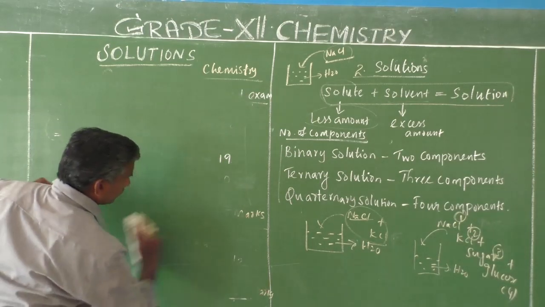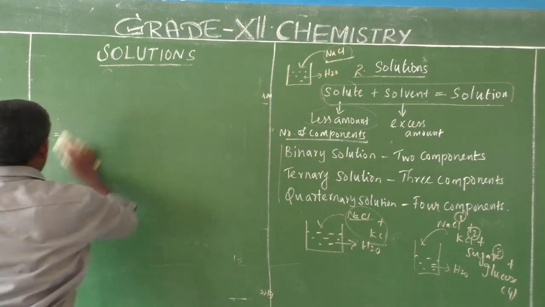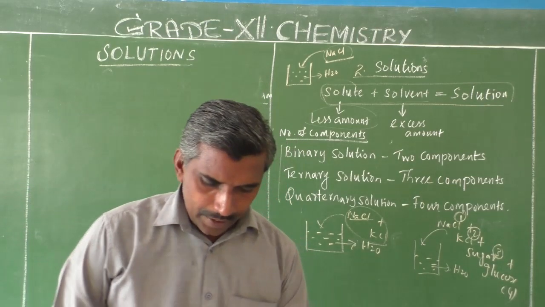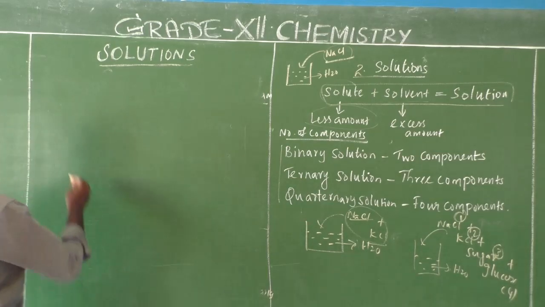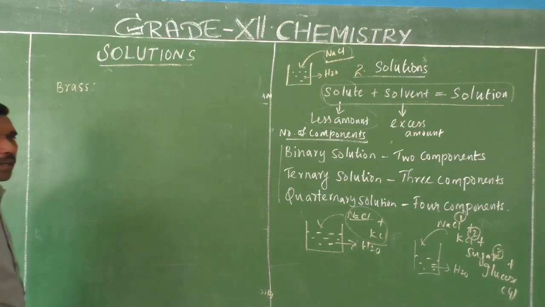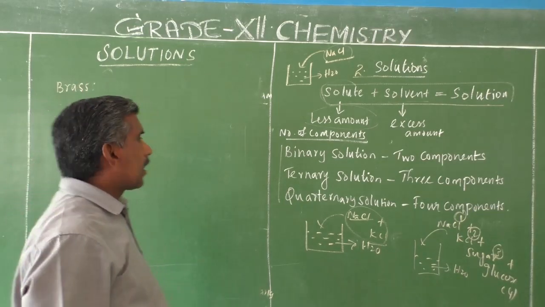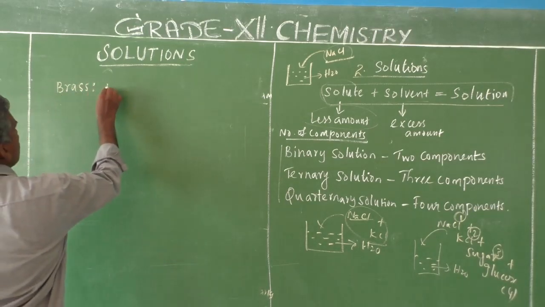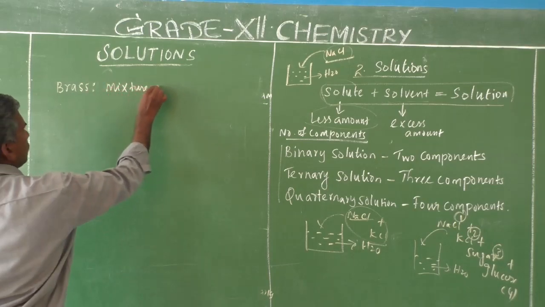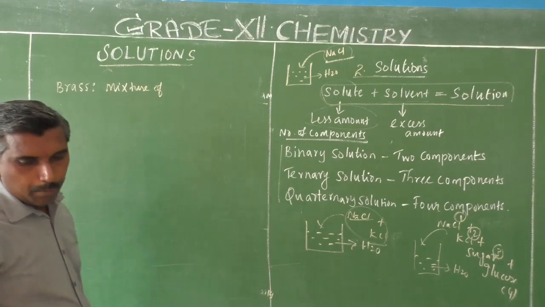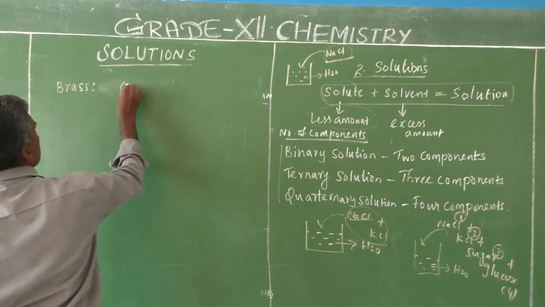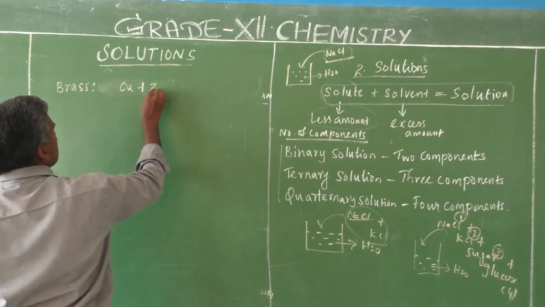In your textbook, on the first page, there is brass. This is one of the alloys. It is a mixture of copper and zinc.